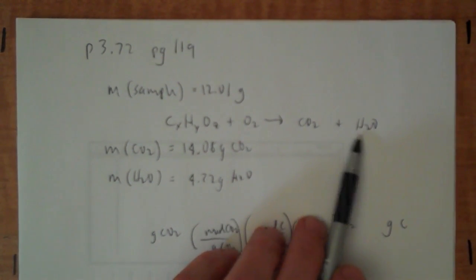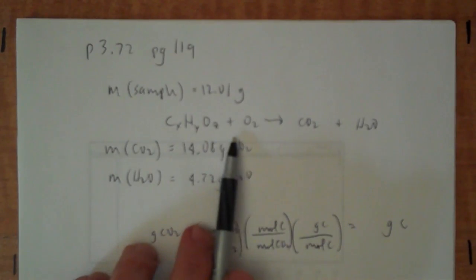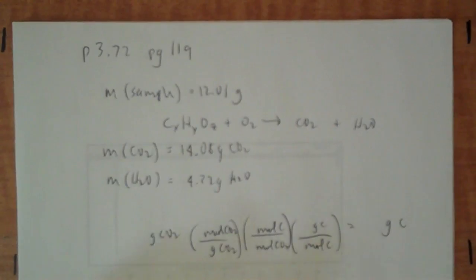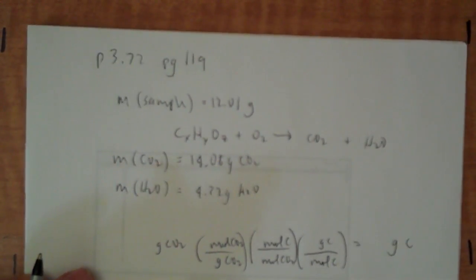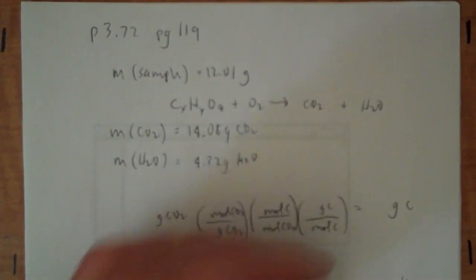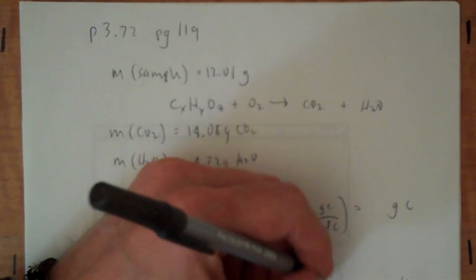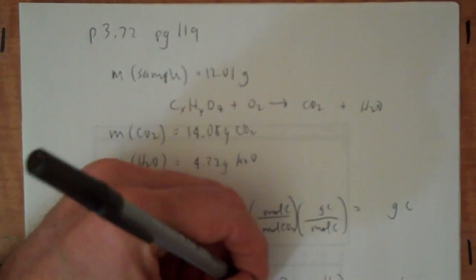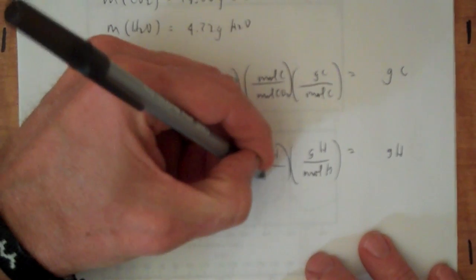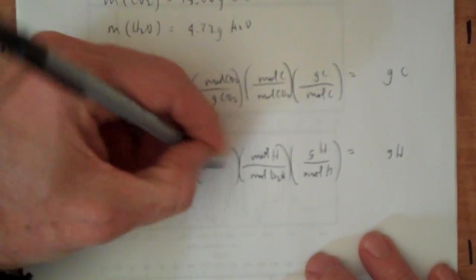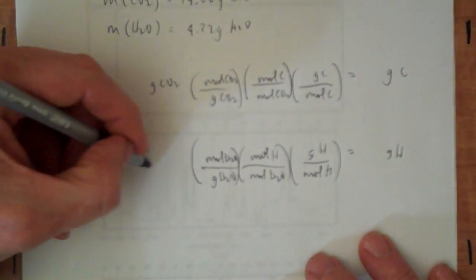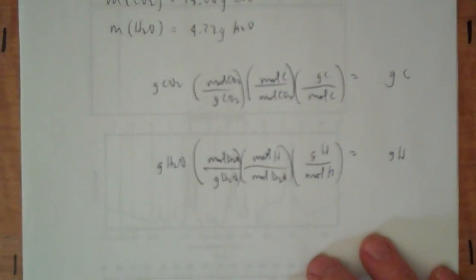All of my hydrogens come from here, right? Because with combustion analysis, I'm only adding oxygen. So my grams of hydrogen is what I'm going to find next. My grams of hydrogen is going to be grams of hydrogen per mole of hydrogen, mole of hydrogen per mole of H2O, mole of H2O per gram of H2O, and then grams of H2O.